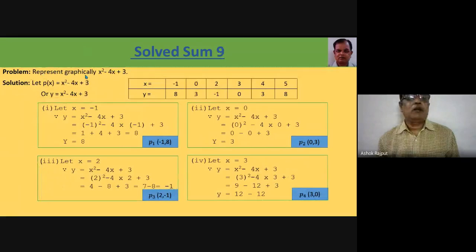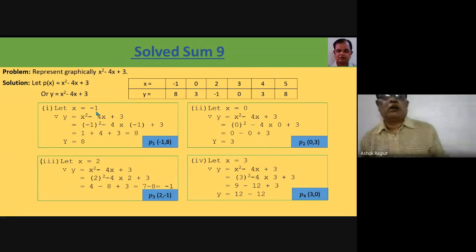Represent graphically x square minus 4x plus 3. The method is the same. First we find the points and then plot them on the graph paper, then we find its graph. So first we have written our polynomial x square minus 4x plus 3.